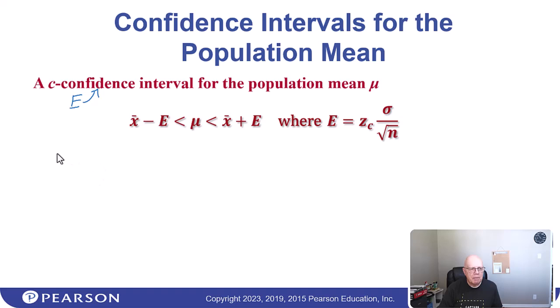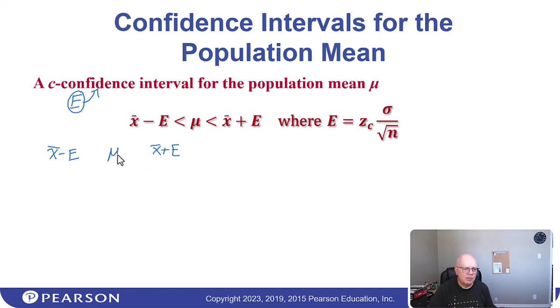Remember at the beginning, we took all those numbers and found the mean, that was X bar. That's our point estimate for the population mean. And we have our error tolerance. So if we take that x bar and subtract that maximum error, and we add it to the maximum error, we'll get the confidence interval.